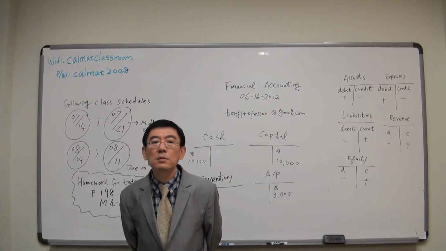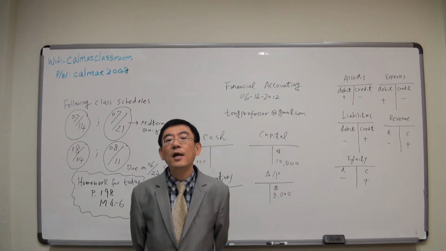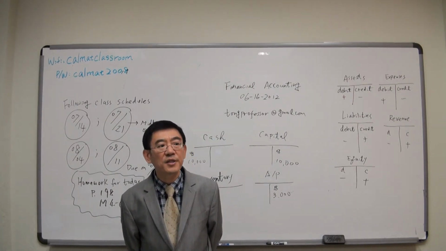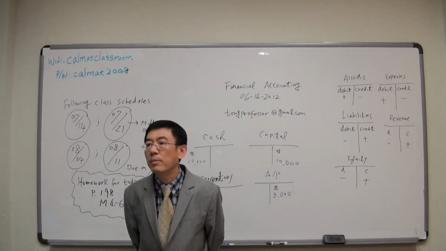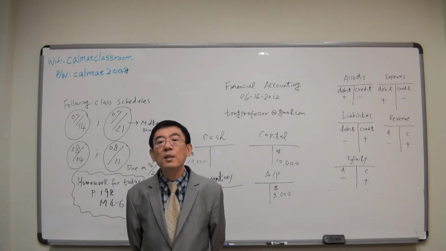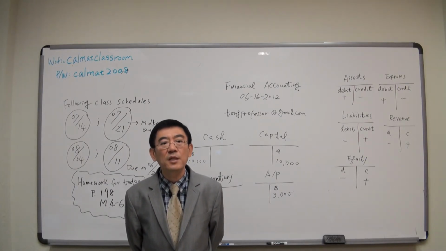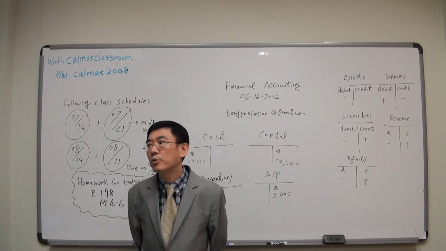How about by the time your company pays off $3,000, say after 30 days, your company just follows the agreement, fulfills the agreement, you pay out $3,000 to your supplier, to your vendor. So by this time, how would you do?